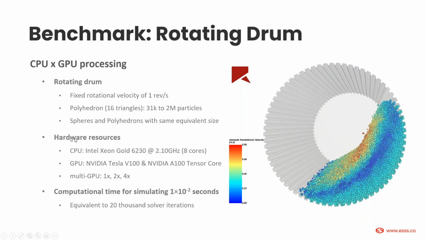And of course we use these hardware resources to compare the performance. We take 8 cores of this generation of CPU, and we compare it with the NVIDIA Tesla V100 and also the latest NVIDIA A100 Tensor Core GPU. For that we use 1, 2, and 4 GPUs of each of these two models.